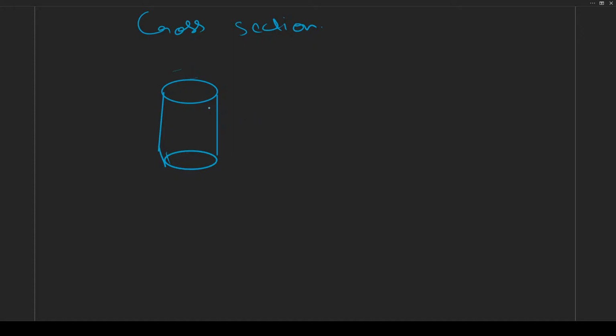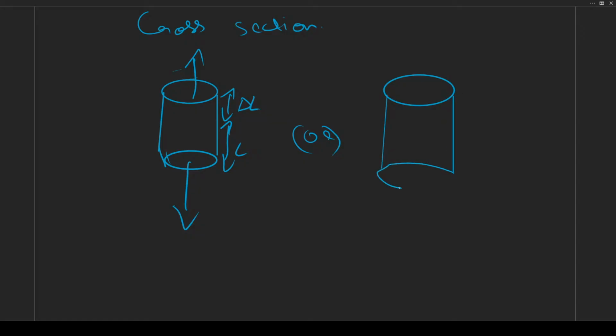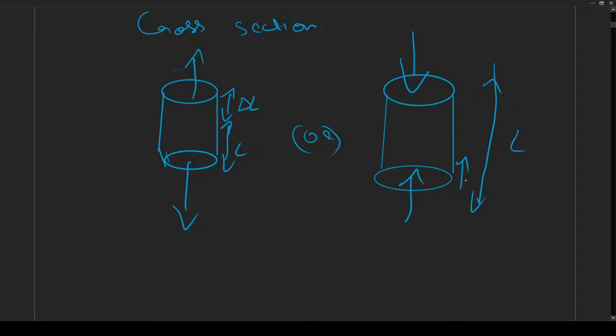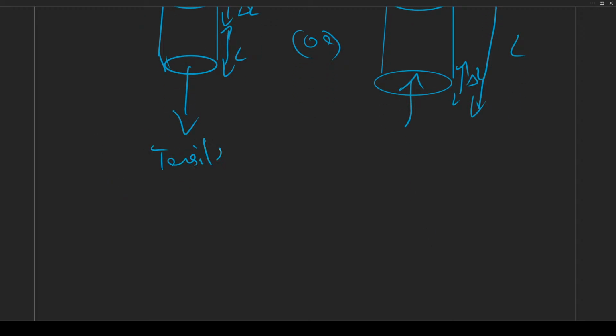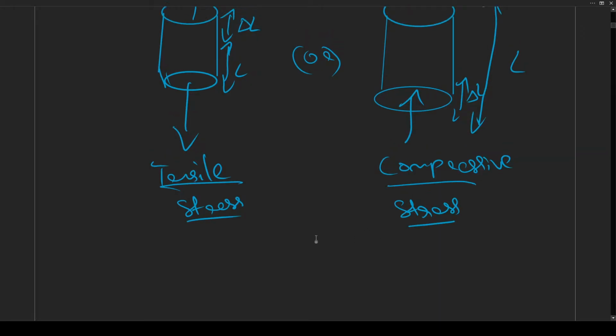Let's assume this is a cylinder, and when we elongate it, this is length L and this is delta L, or we compress it, where this is L, this is delta L. This is tensile stress and compressive stress.